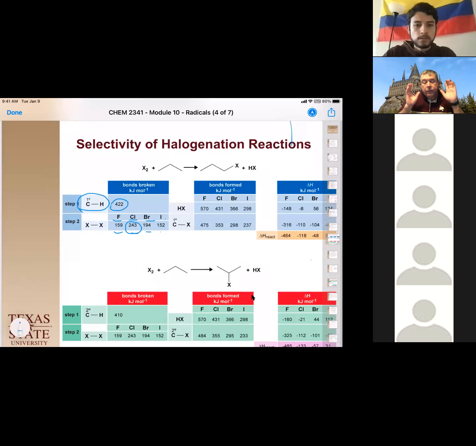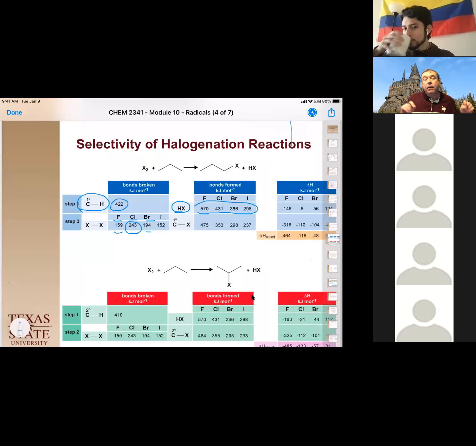Now, those are the bonds being broken. Let's look at the bonds being formed. This is the product side of the reaction. One of the things we form is the H-halogen, the acid of the halogen radical. We can see the formation energies are quite high for fluorine and chlorine, and then they drop off around iodine.